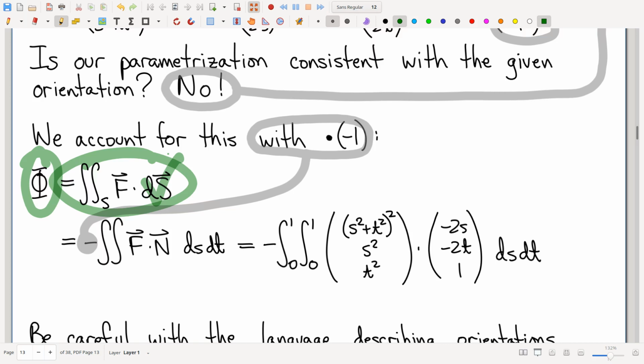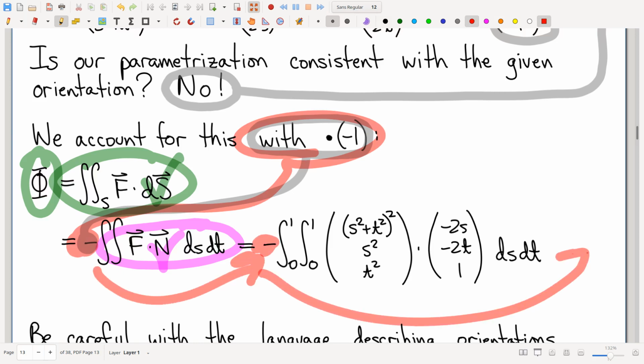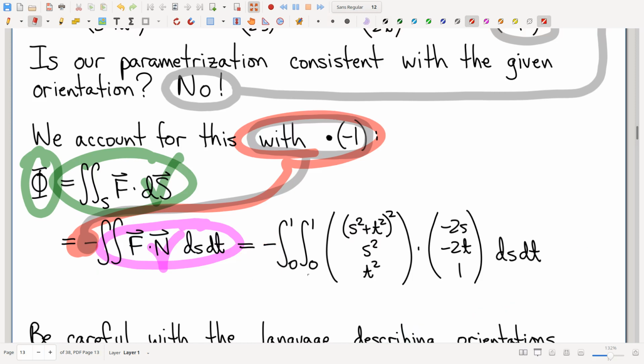So that is intrinsic to the surface. But this thing down here comes from the parameterization. This capital N comes from the parameterization. So this is where the switch happens, and therefore this is where the minus sign goes, and of course it's got to carry over after that. Don't just drop it. But where the minus sign is first inserted needs to be there.